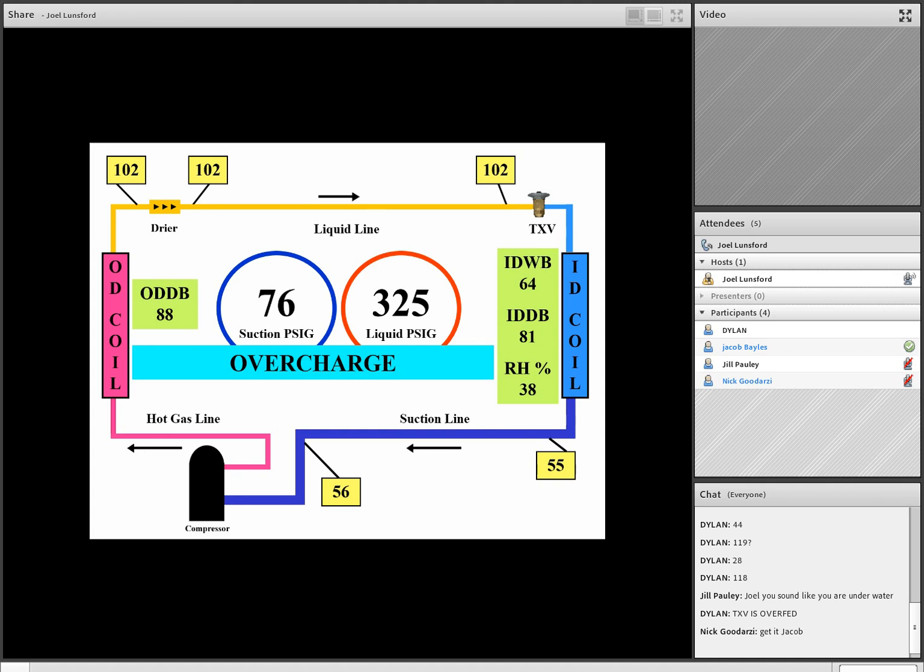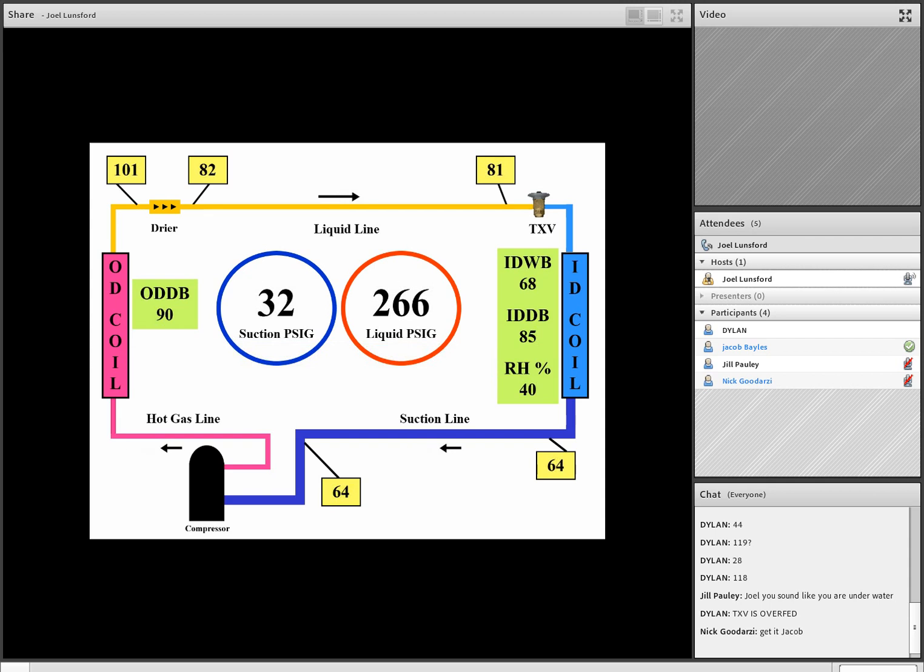And so we're looking for about 10 to 15 degrees here, but we have over 30. And so that tells us that the expansion valve is working because it's maintaining a superheat level and a suction pressure that's pretty close to normal. But the head pressure is out of control, and we have way high subcooling. So this is a classic overcharge with a functioning TXV. Good. Give yourself a star. That was an excellent diagnosis.